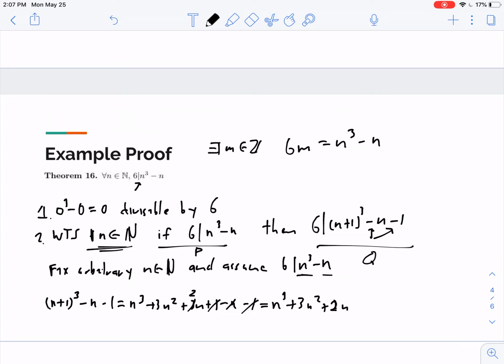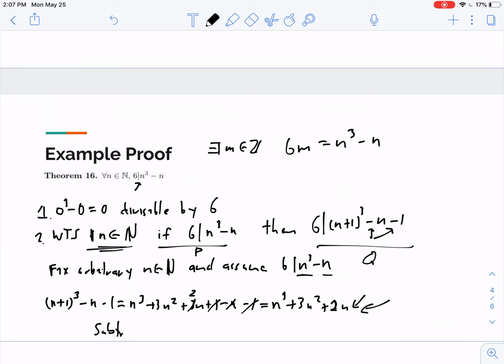Let's make sure that 2 looks clear. And now we know n cubed minus n is divisible by 6. So if we subtract something that's divisible by 6 from this, and we get something that's still divisible by 6, it implies that our initial quantity must have been divisible by 6, right? So we're going to subtract n cubed minus n.